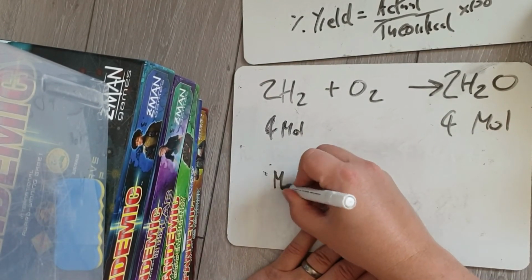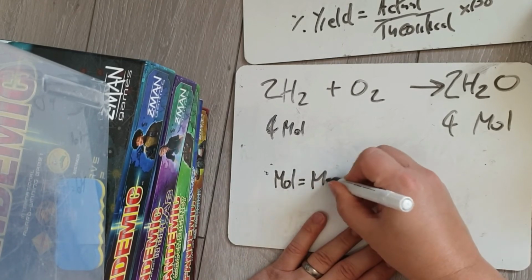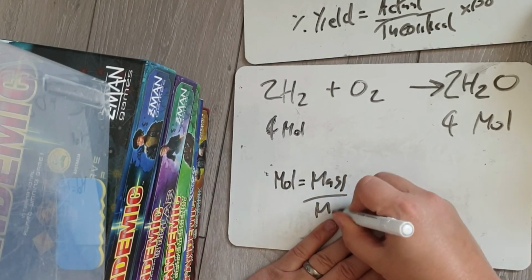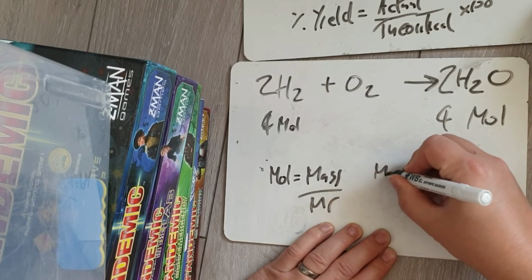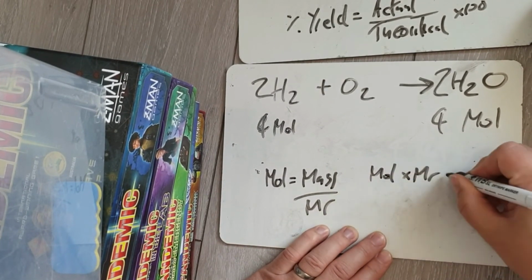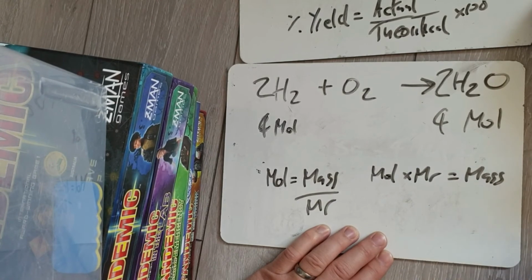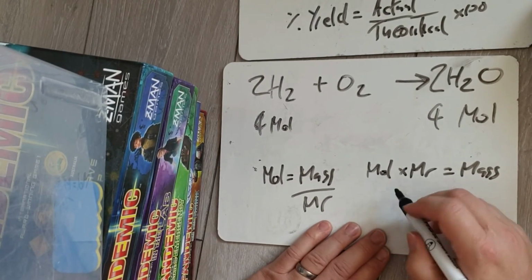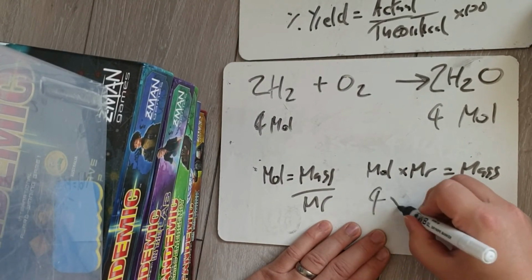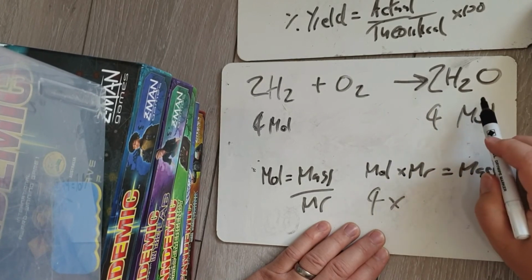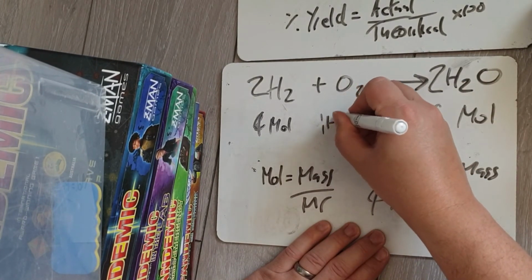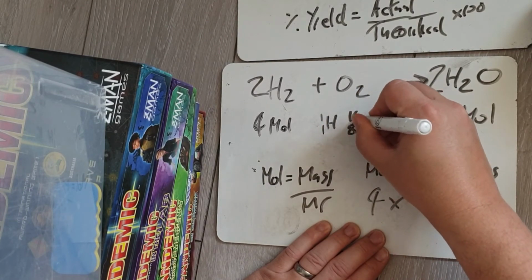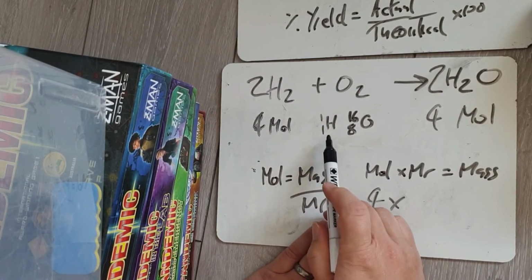You've got moles equals mass divided by Mr. You can rearrange that and it makes moles times Mr equals mass. Moles was 4 because we've just worked it out. The Mr of H2O, again, periodic table, H is 1, O is 16.